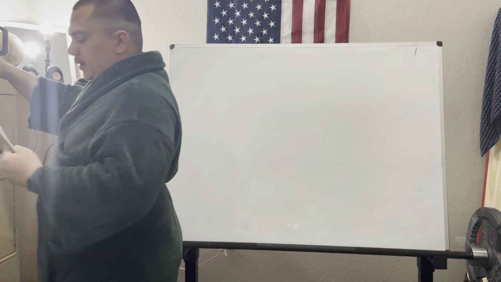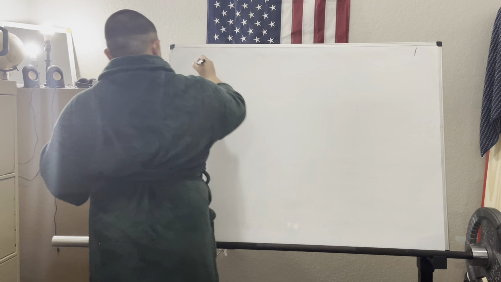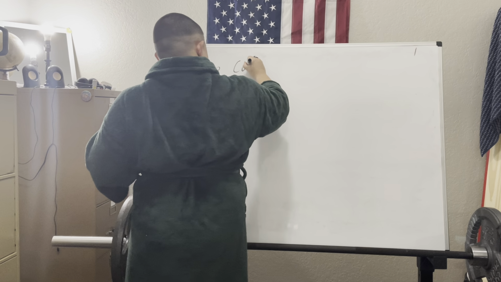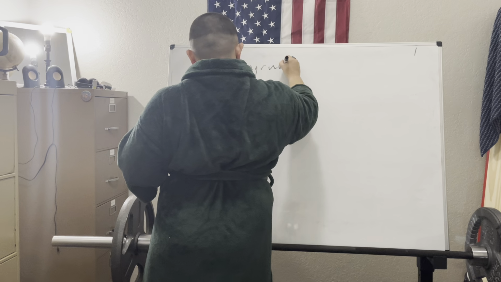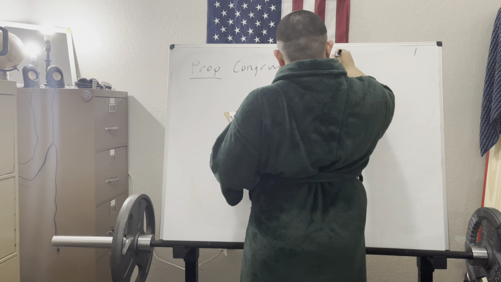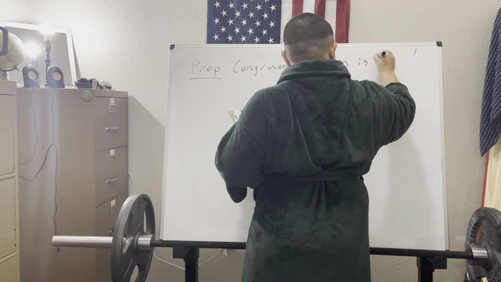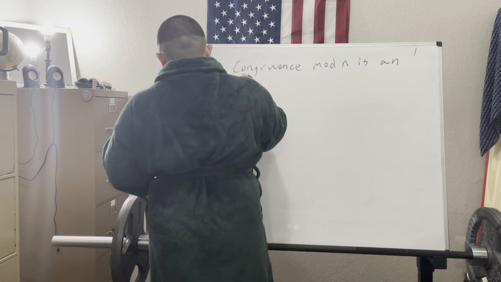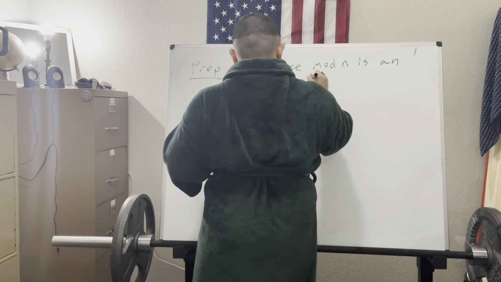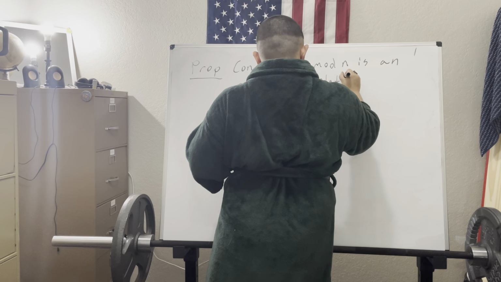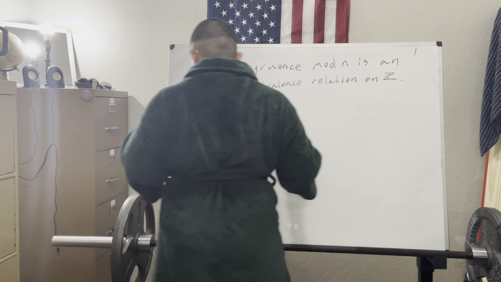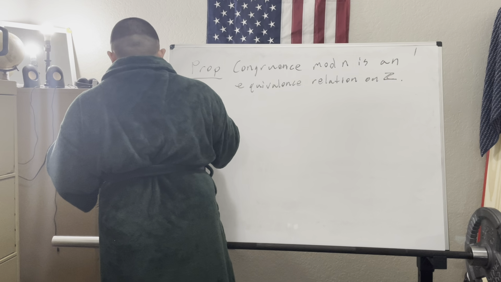So let's start with congruence. Let's start with a proposition, I mean to say. Congruence mod n is an equivalence relation on the integers. Proof.